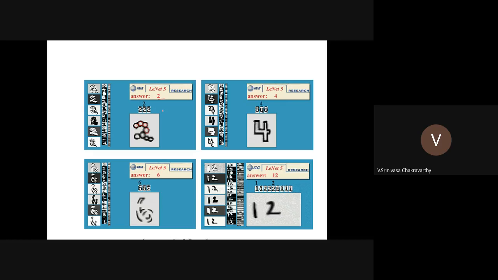So it got this 2. Similarly, a 4 is given as a hollow 4, with nothing in the center, and it was able to recognize that. And a 6 was given with a lot of broken segments in its contour, and it was able to recognize that. There are also other cases.